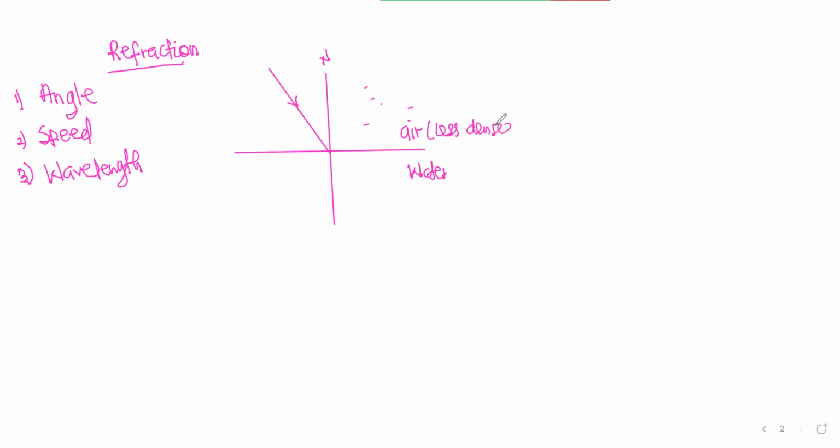It bends towards the normal, since this is the more dense medium. So the refracted ray bends towards the normal.